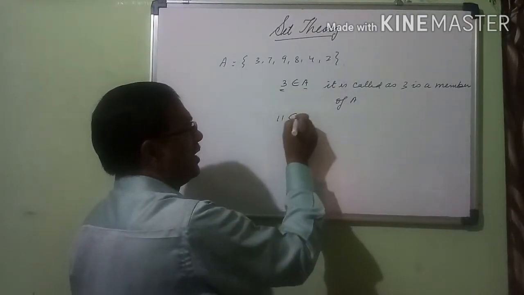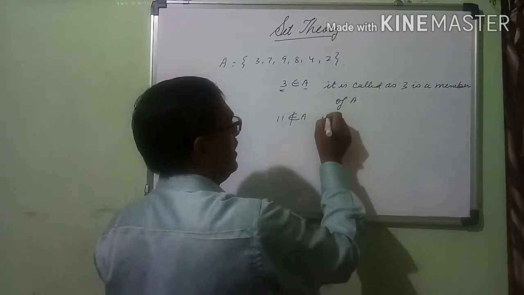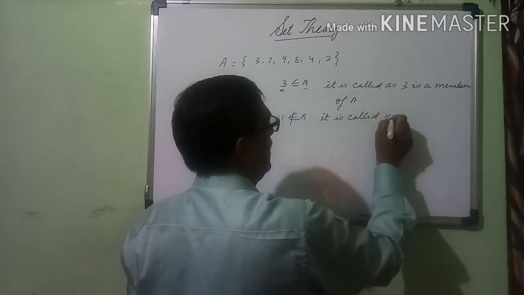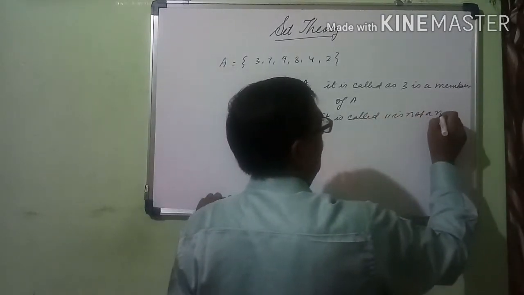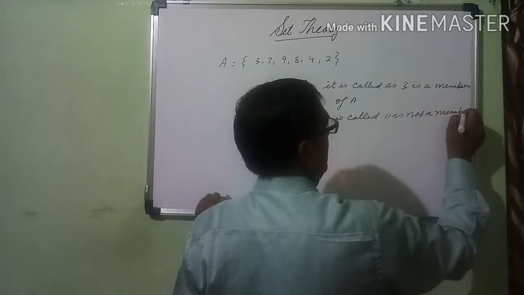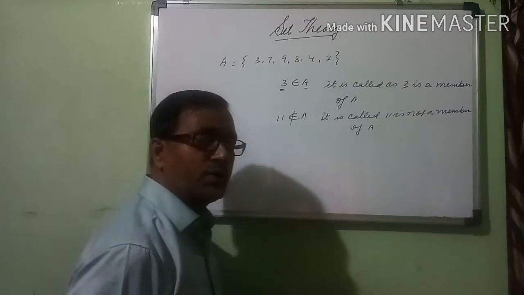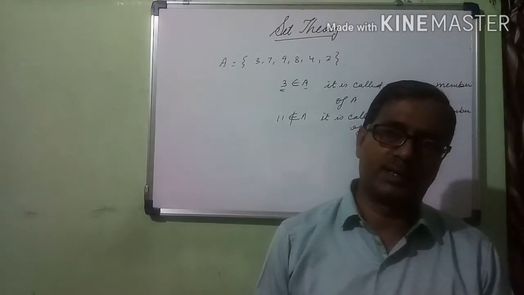No. So we say 11 is not a member of A. Then the question is here, how shall we write down the elements of this set?